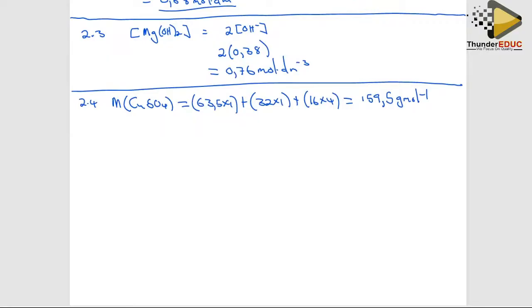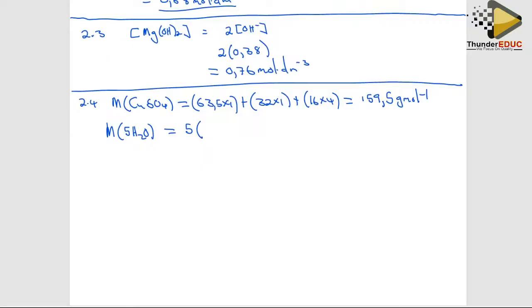Then after that, I'm going to calculate the molar mass of 5H2O. I'm going to put a bracket there, so the 5 is going to affect everything inside the bracket.